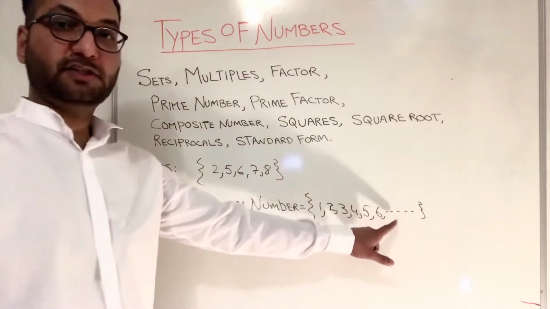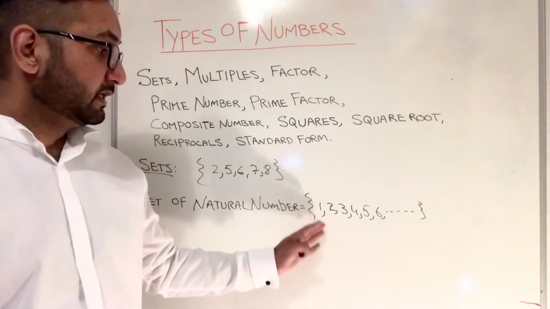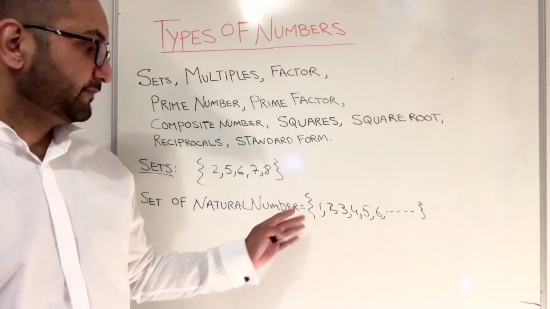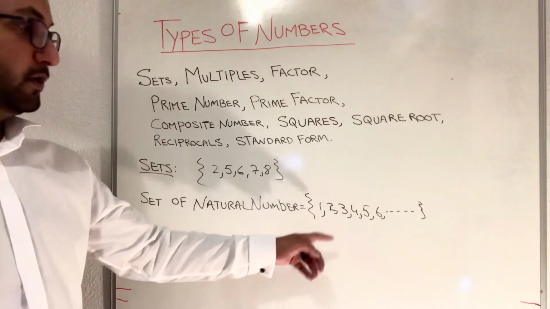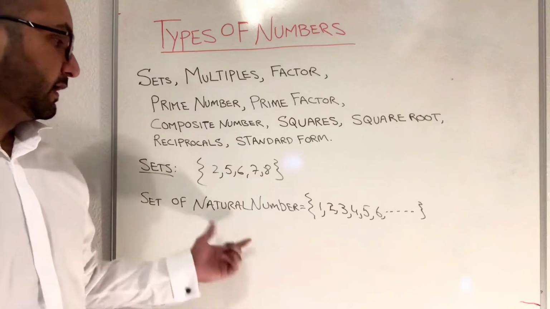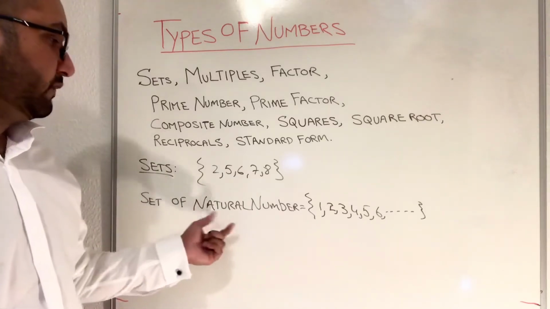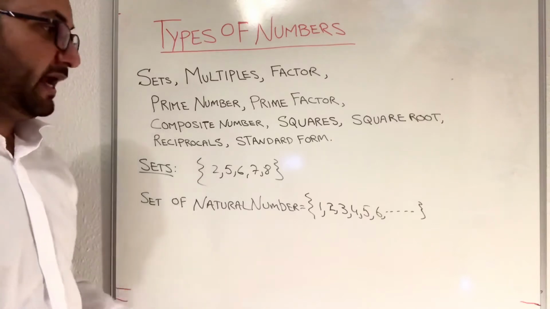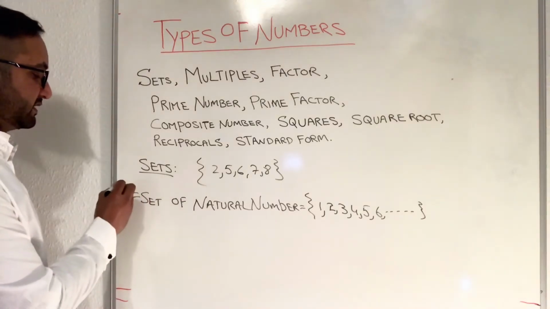The dotted line shows they continue up to so on. These numbers are called the set of natural numbers, and the notation we use is N.